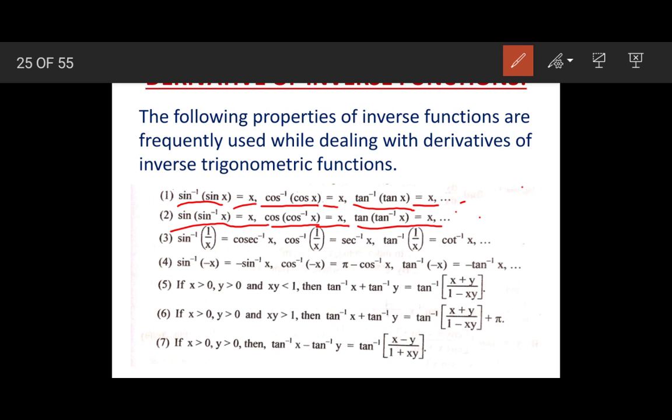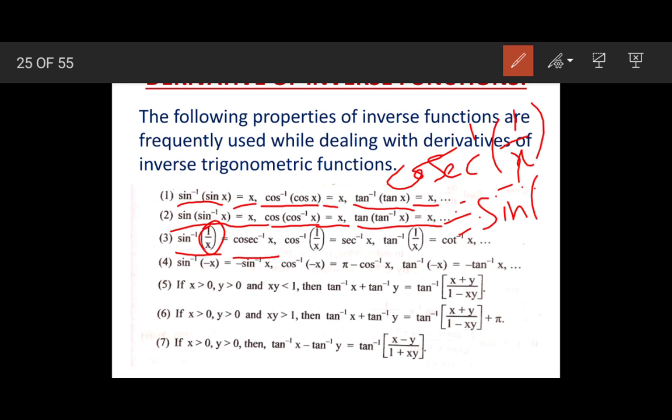The third property says that sin inverse 1 upon x is the same as cosec inverse x. We just flip this part, 1 upon x will be x. Similarly, cosec inverse 1 upon x can be written as sin inverse x. Vice versa.